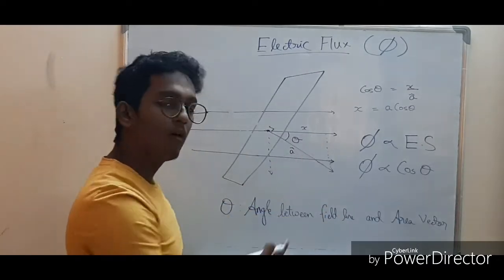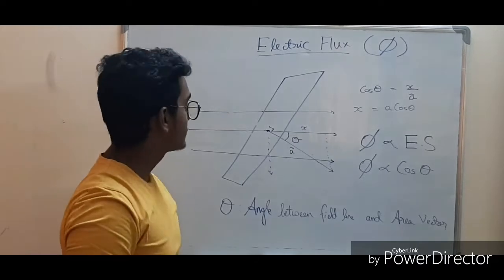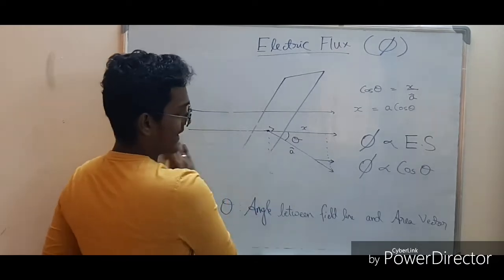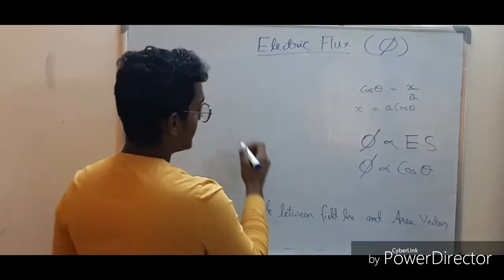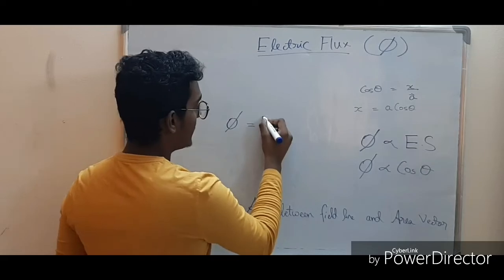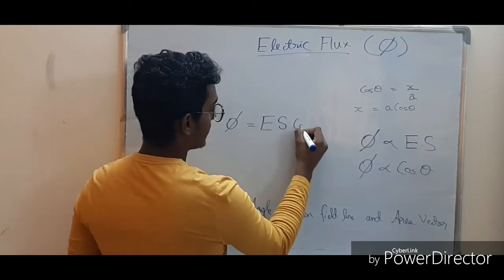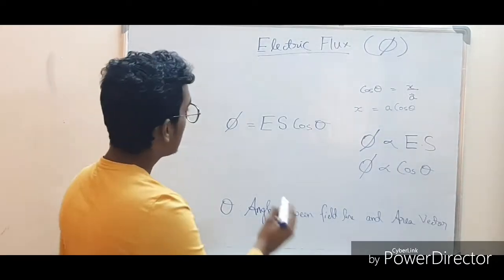So when you combine all the equations that we have done so far, we don't need a diagram anymore. We are going to get the flux is equal to E S cos theta. This is the formula for electric flux.